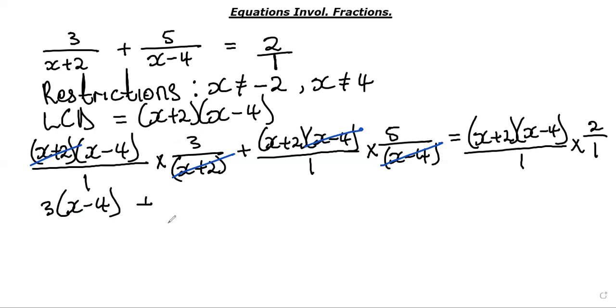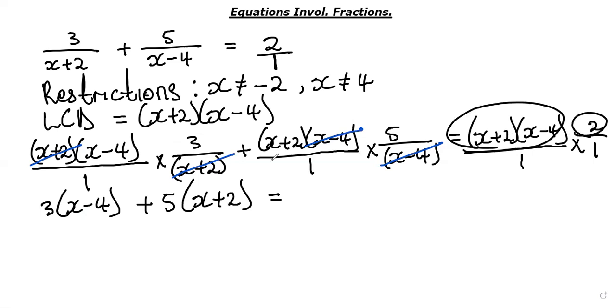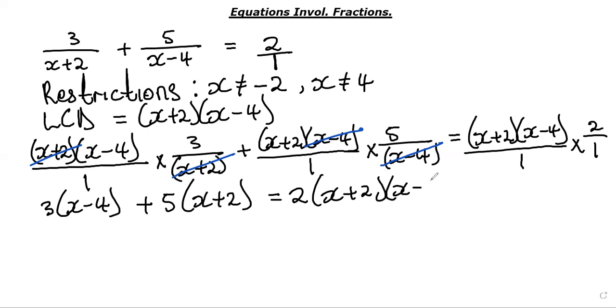Then plus, for the second term, you are left with x + 2 multiplied by 5, so 5(x + 2). Then equals, here you have the whole thing multiplied by 2, so 2(x + 2)(x - 4).